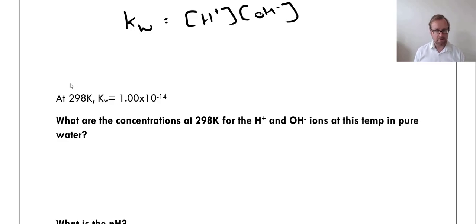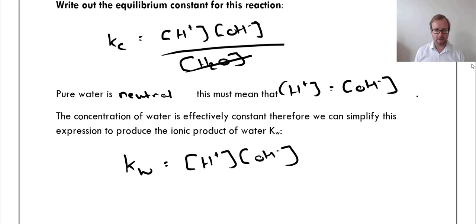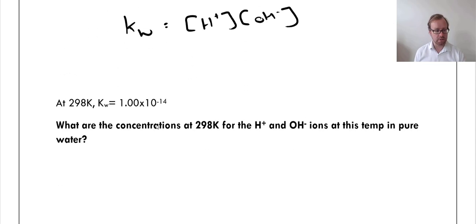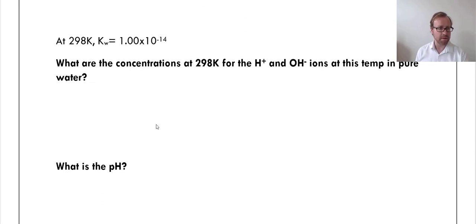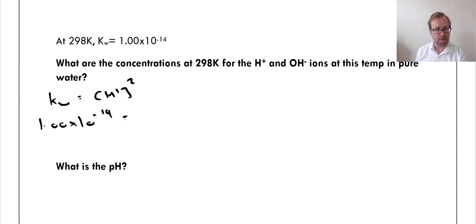So from our writing up above, we said that H+ concentration equals OH- concentration. So we can say that, just to work this out, Kw is [H+] squared. I know my Kw value, 10 to the minus 14, so my H+ must equal the square root.